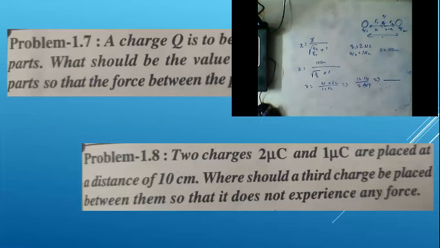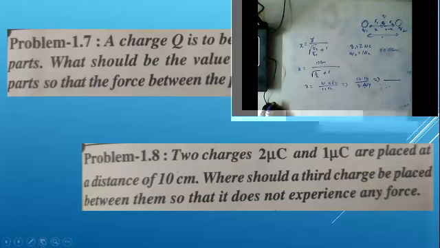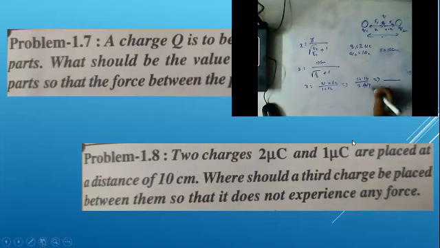So by simplifying we will get approximately 5.88, that is we can write it as 5.9. So here the distance is 5.9 centimeter.